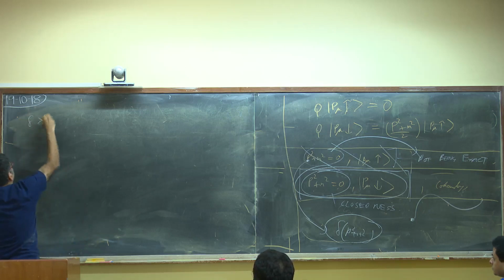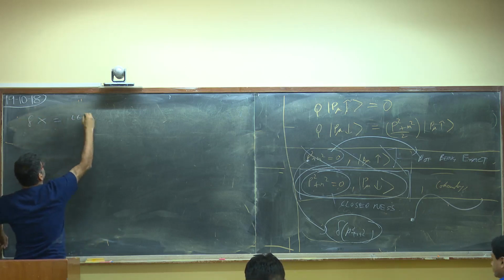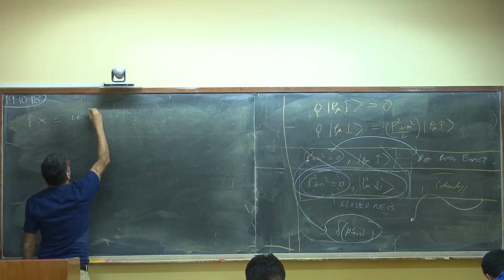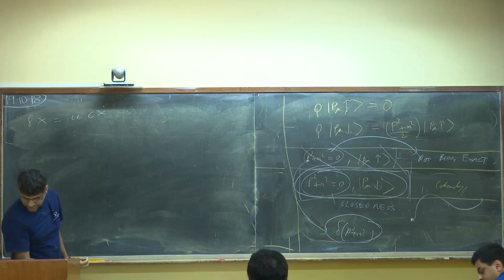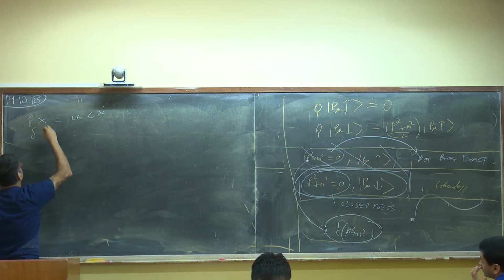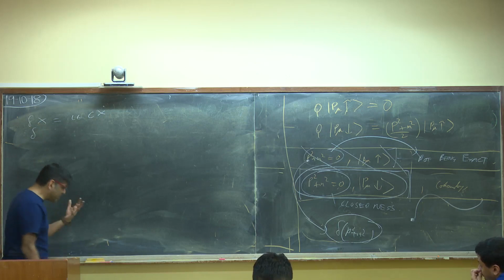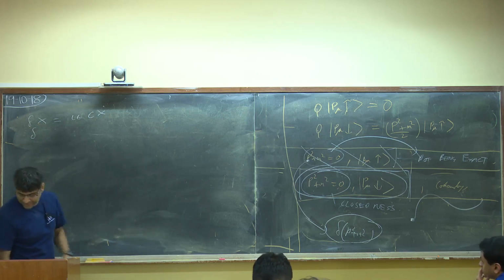For the point particle, we had delta x is equal to i epsilon c x dot, but now we'll look at this gauge fixed form, the form we had on that side of the blackboard.